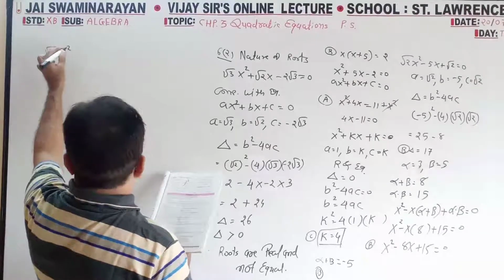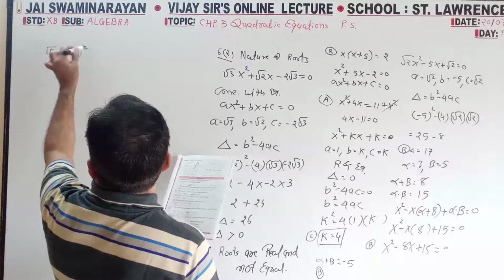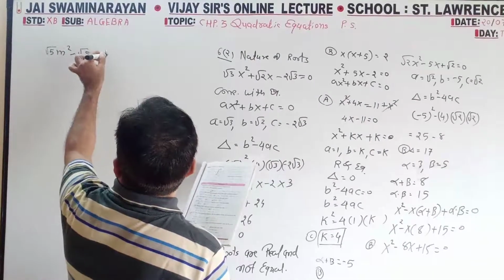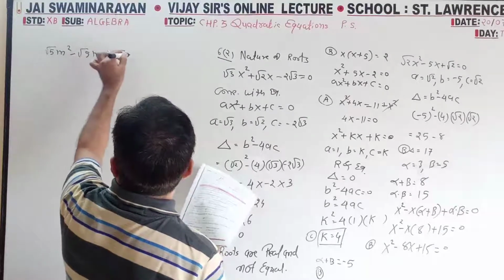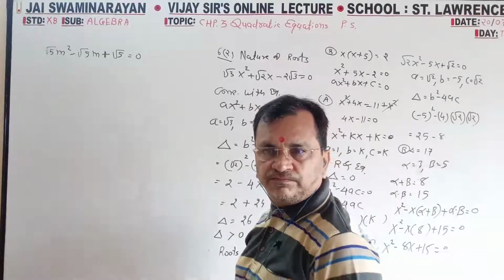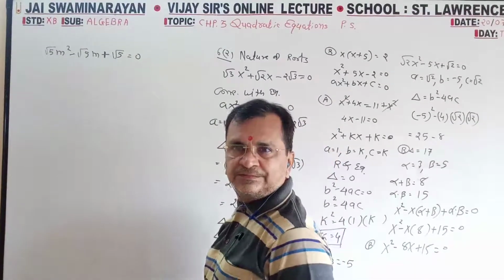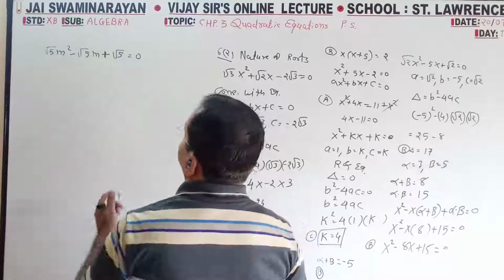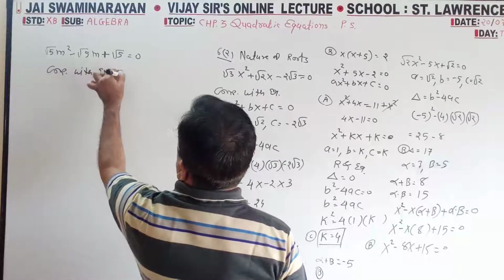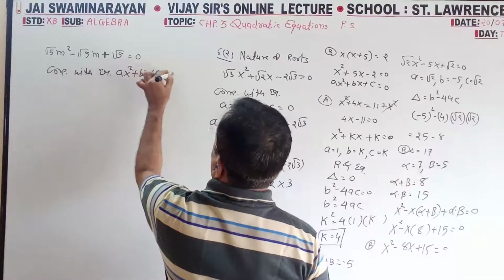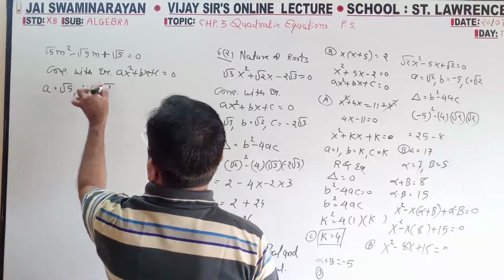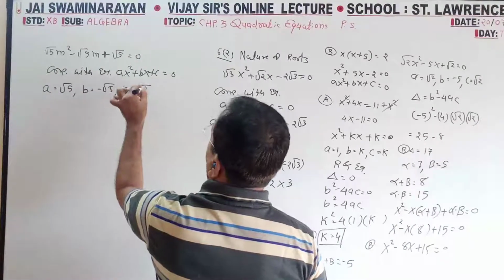Root 5 m square minus root 5 m plus root 5 is equal to 0. Compare with equation ax square plus bx plus c is equal to 0. A is equal to root 5, b is equal to minus root 5, c is equal to root 5.